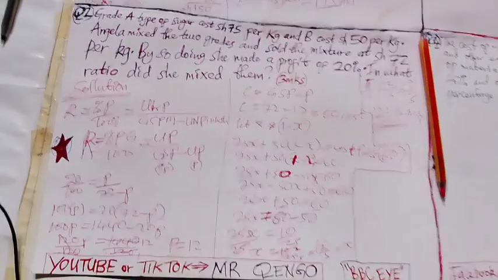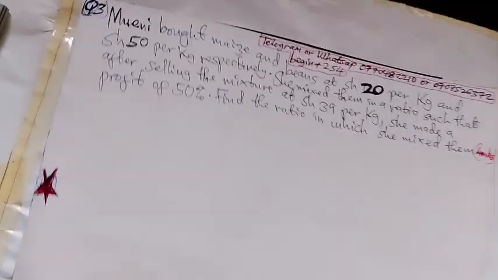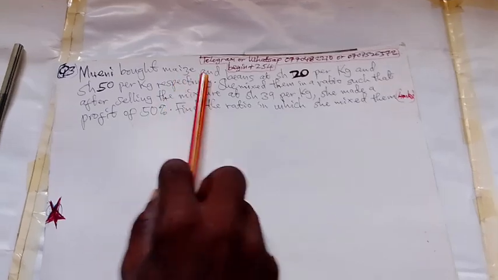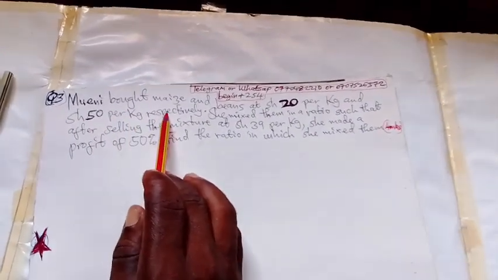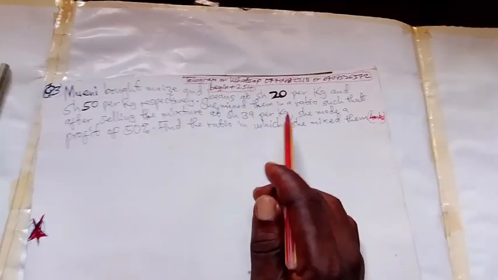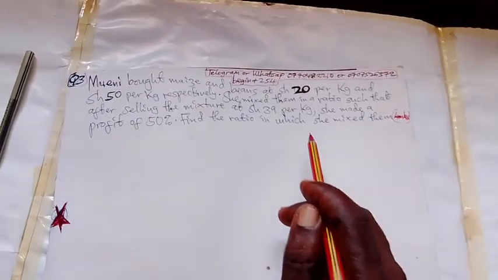Now we are going to question number 3. Question number 3 states that she bought maize and beans at 20 shillings per kilogram and 50 shillings per kilogram respectively.